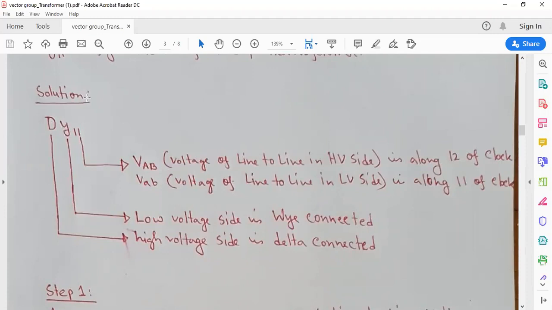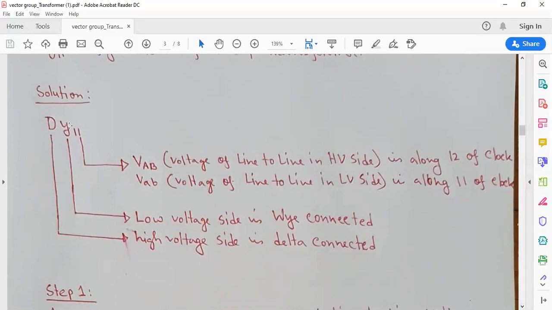So the reference is never indicated, like D12Y11 is never indicated. We already assume that the high voltage side is always along 12, but we indicate in which direction the secondary or low voltage side line to line voltage is, that is 11 of the clock.